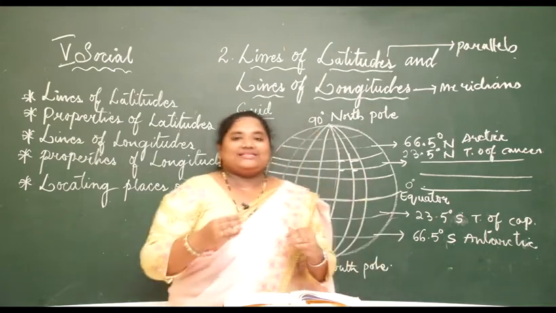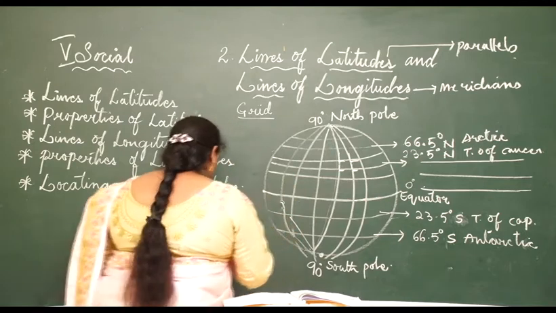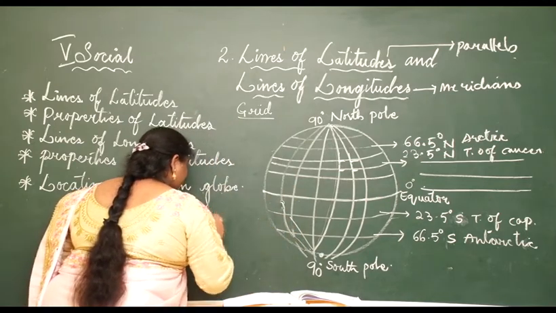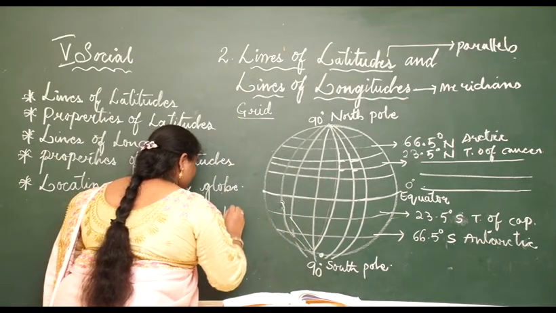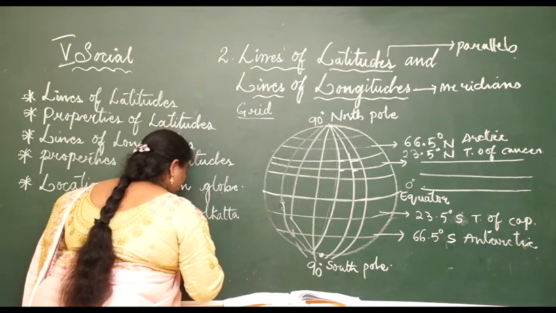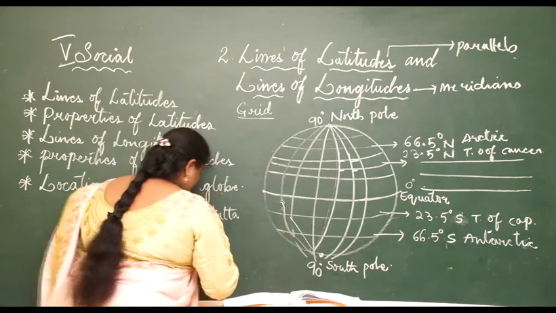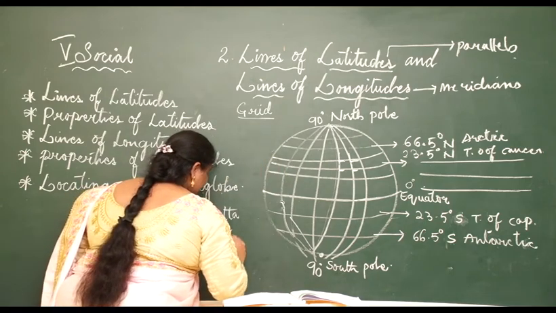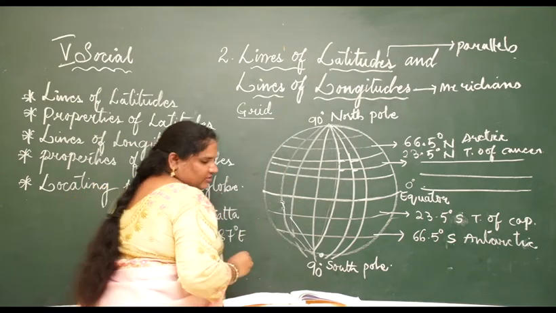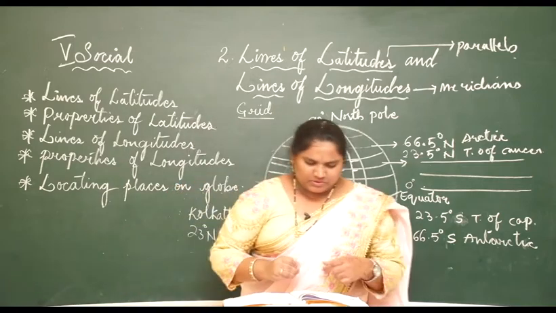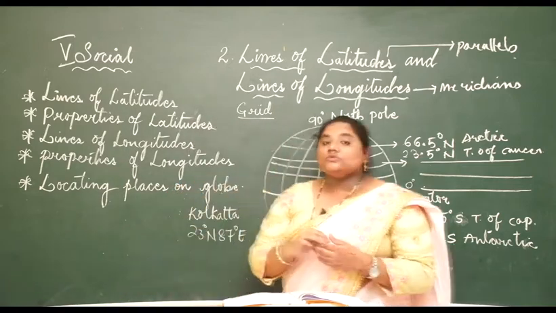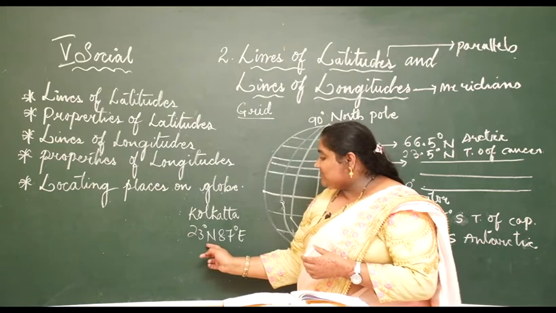Suppose, for example, I take a place, Kolkata, which is at 23 degrees north and 87 degrees east. So where is it located?